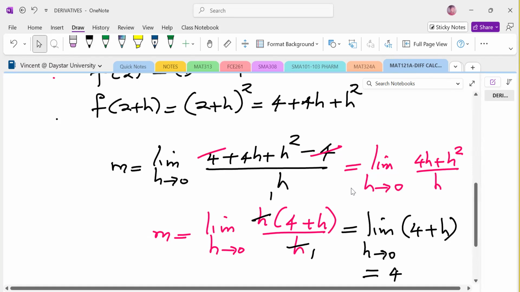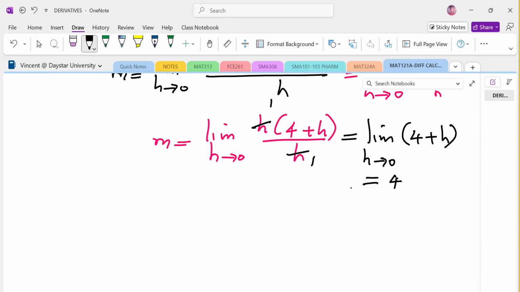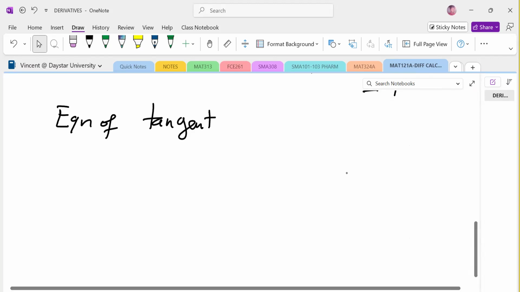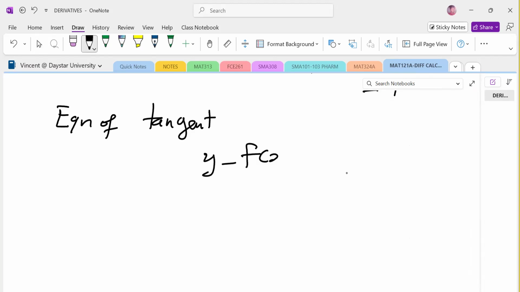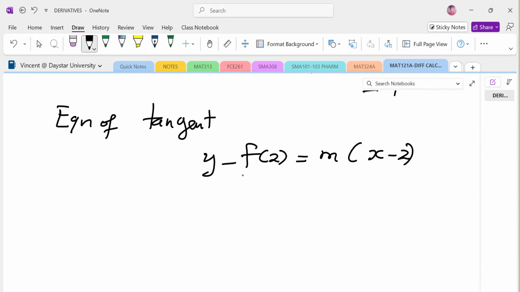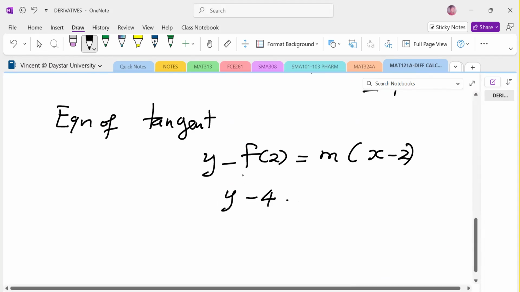And then the equation of the tangent is given by y minus f of 2 equals m times x minus 2. So f of 2 is 4, so we'll have y minus 4.